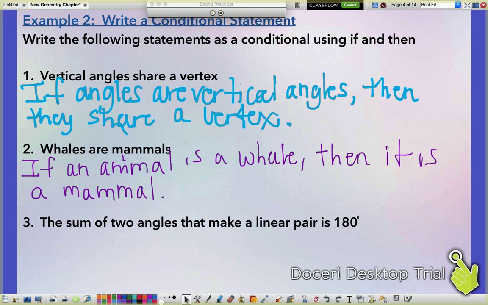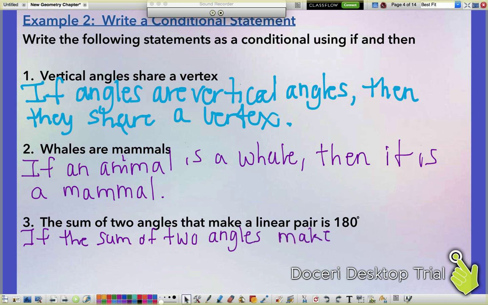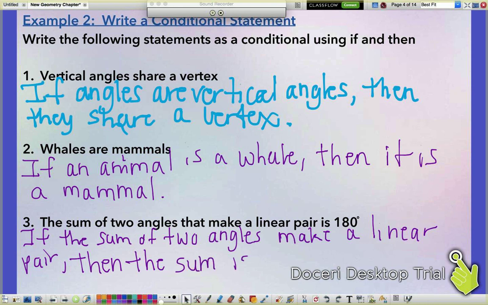So the next one, I would say if the sum of two angles makes a linear pair, then the sum is 180 degrees.